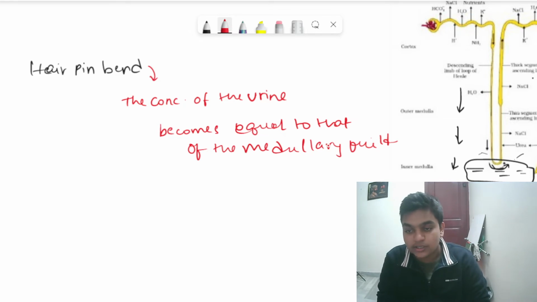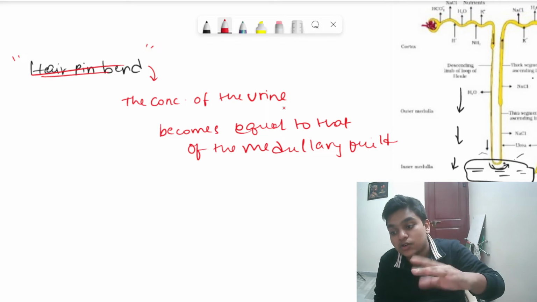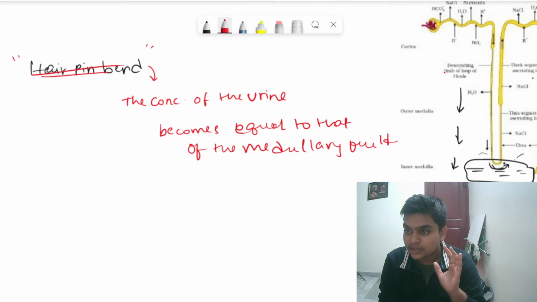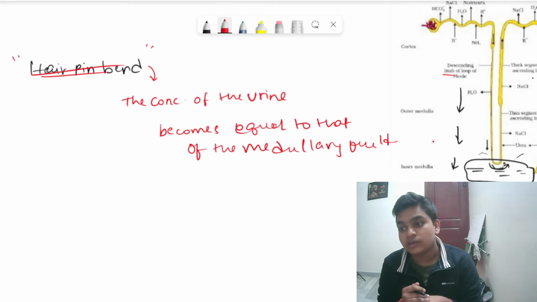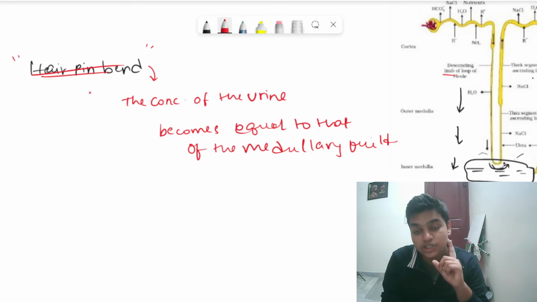That means at the hairpin bend, the urine is isotonic to the medullary fluid. While moving down in the descending limb, it is hypertonic to the medullary fluid. At the hairpin bend there is no reabsorption as well as no secretion, so that is why it becomes isotonic.